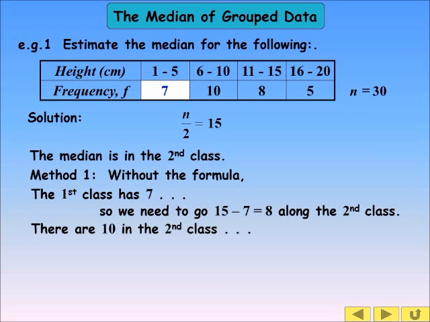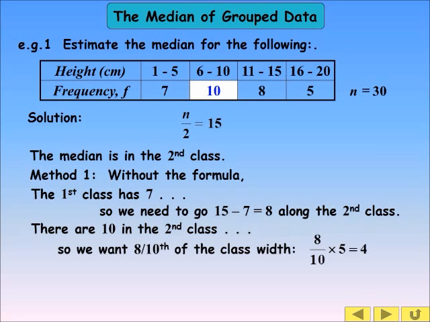So next, we need to go 15 minus 7, which is 8, along in the second class. Why? Because the second class has the median. There are 10 in the second class.